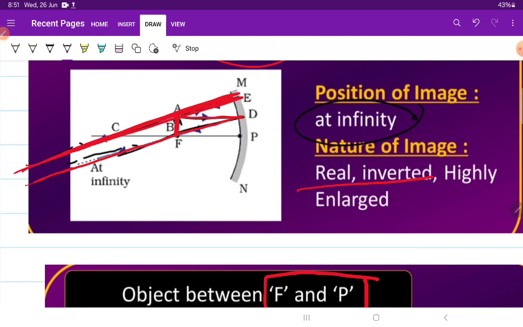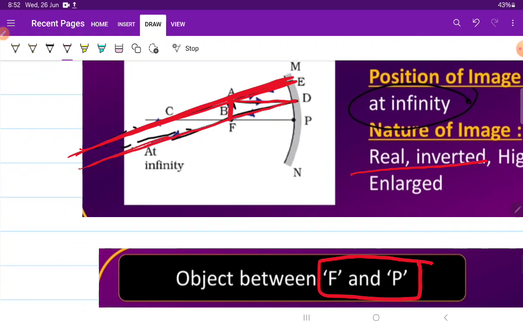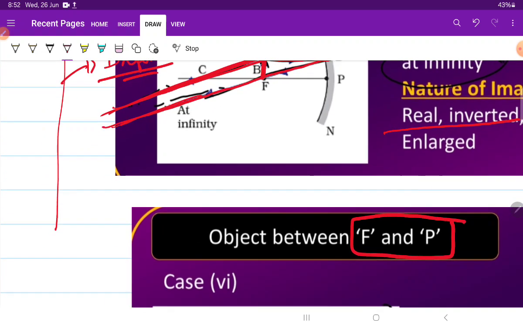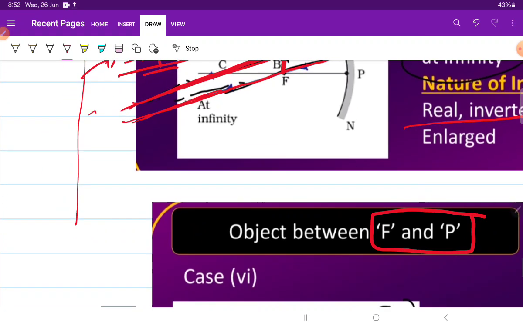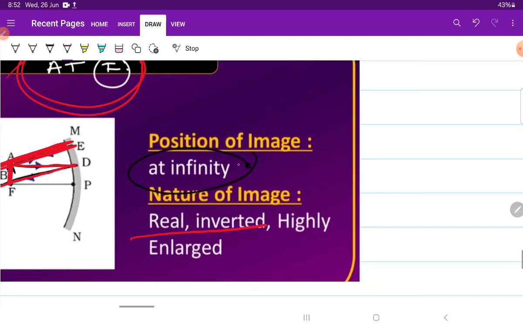You can see, students, there is a difference between them. They are parallel to each other, so they will not meet anywhere. They will go further and never meet, and the position of the image will be at infinity. You can see, at infinity.